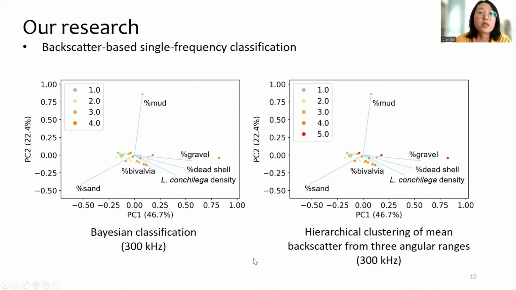When comparing both classification methods, the hierarchical clusters can further distinguish the contribution of the percentage of grayball and the species density, along the axis of the percentage of bivalves and sand mason worm density.